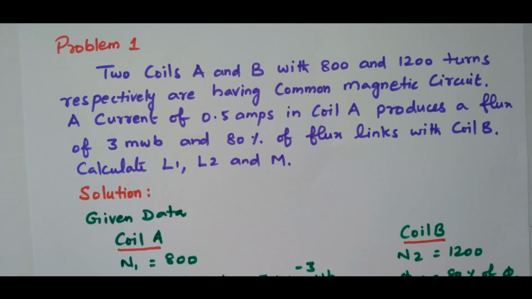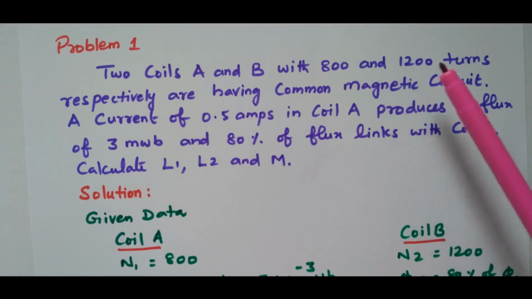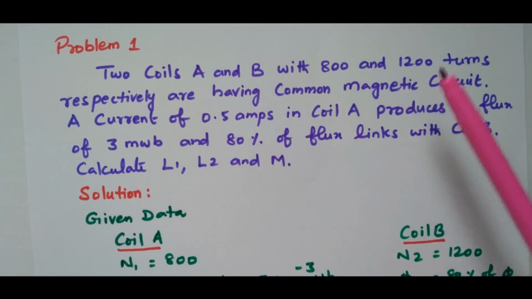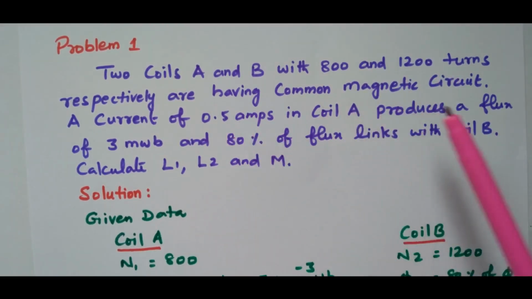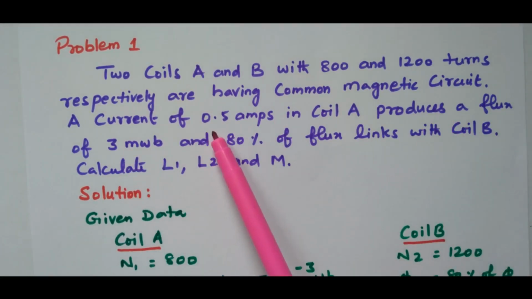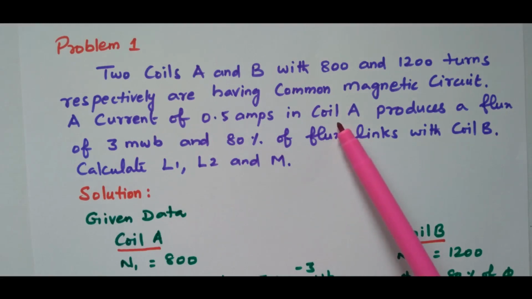Now we'll see two coils, A and B, with 800 turns and 1200 turns. Coil A has 800 turns, coil B has 1200 turns, having a common magnetic circuit, which means coupled together. A current of 0.5 ampere in coil A produces a flux of 3 milliweber.